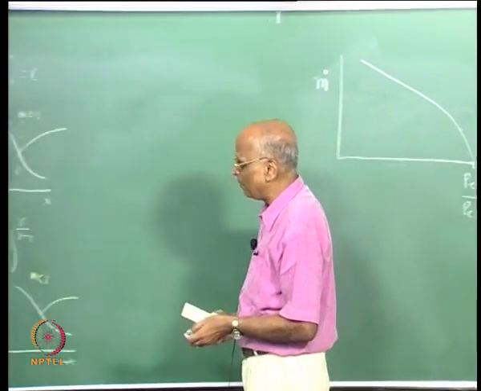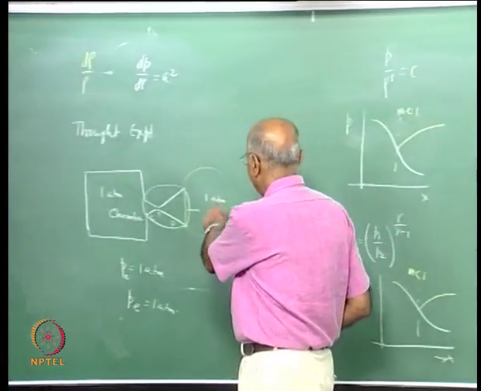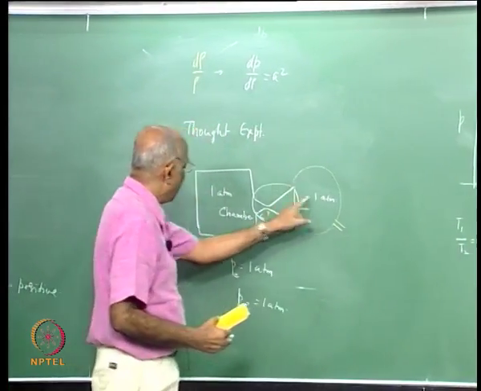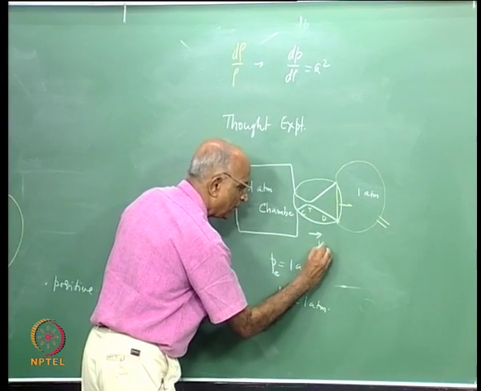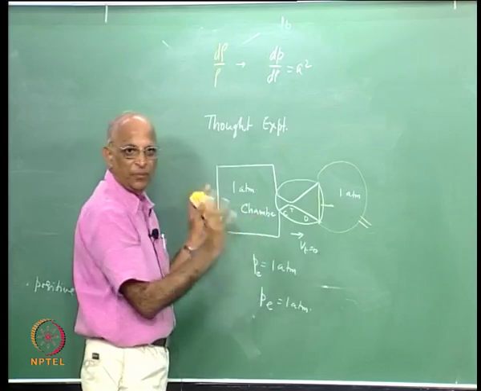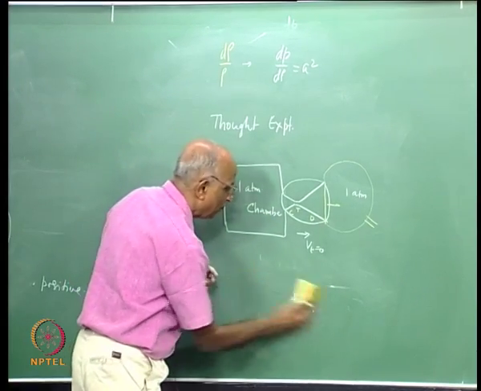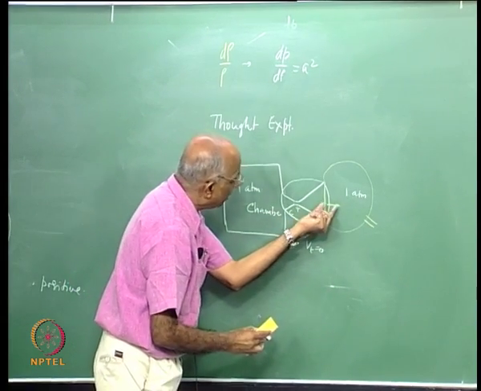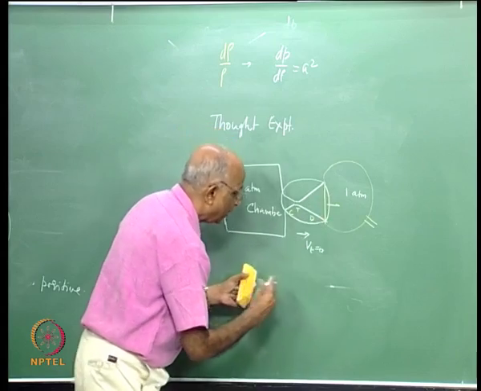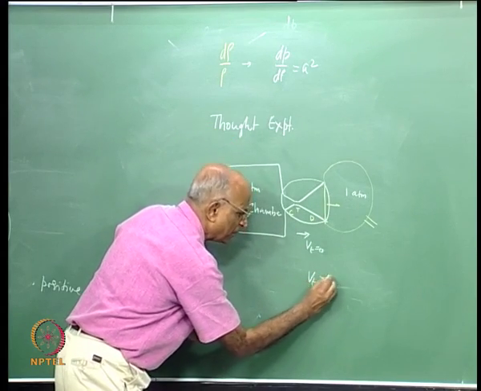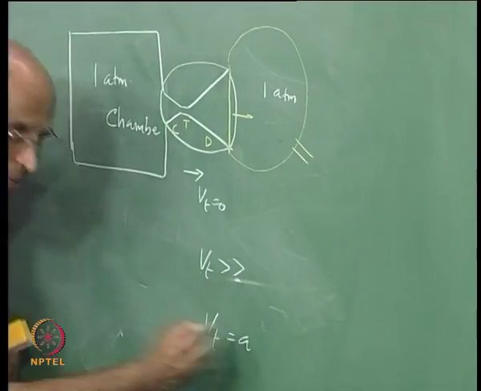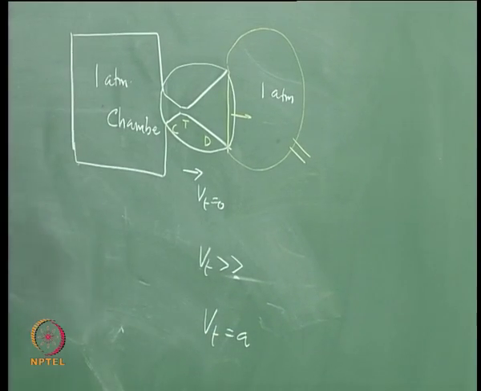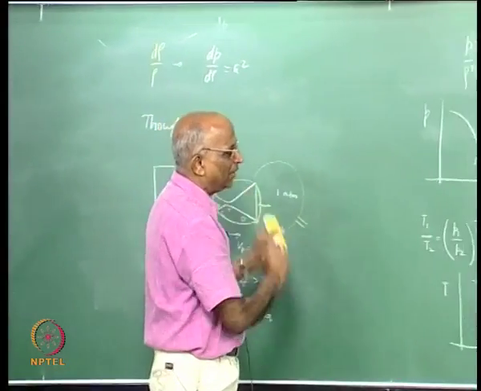Well, initially when the pressure outside is 1 atmosphere and the pressure inside is 1 atmosphere, the velocity at the throat is equal to 0. Then I start sucking out. As I keep decreasing the pressure here, Vt will keep on increasing till it reaches a value Vt is equal to A. In other words, let us just plot till that time.